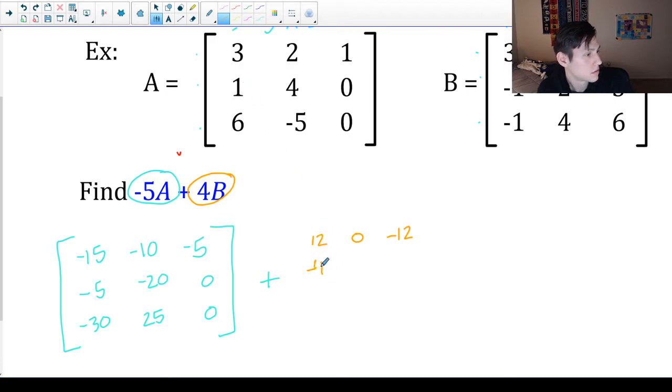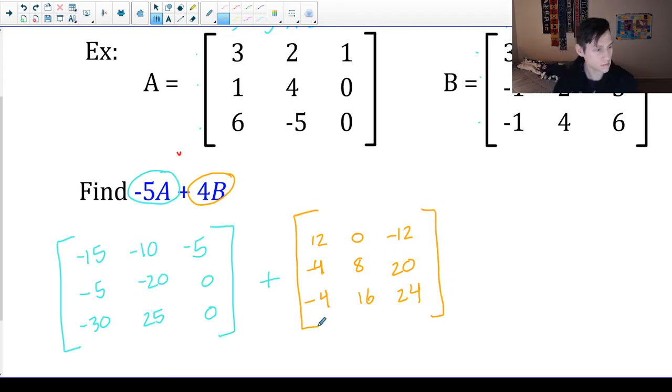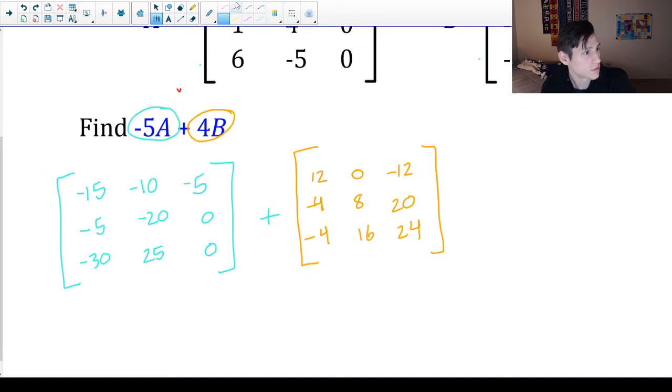Negative 4, 8, 20, negative 4, 16, 24. All right. So I did the scalar multiplication.